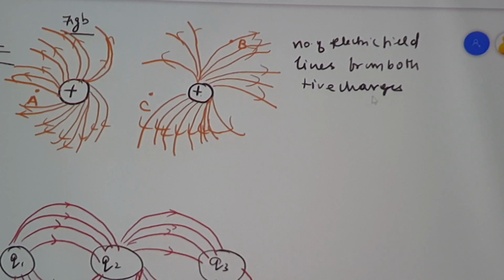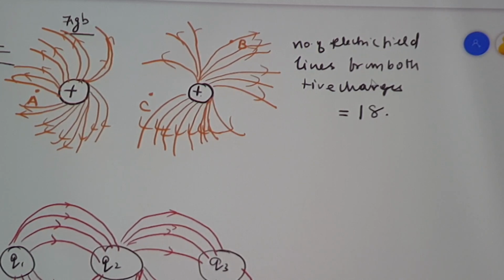You just count and write 1, 2, 3, 4, 5, 6, 7, 8, 9, 10, 11, 12, 13, 14, 15, 16, 17, 18. Here also you have 18. So I can write the number of electric field lines for both the charges is 18.